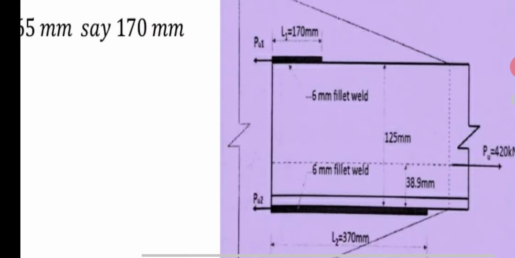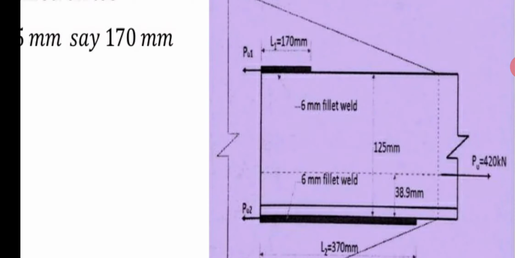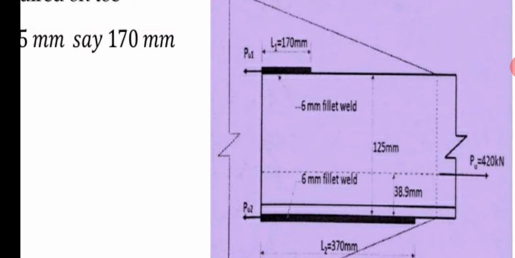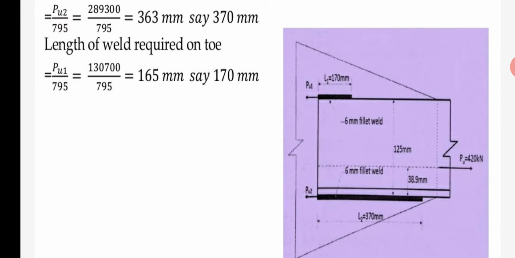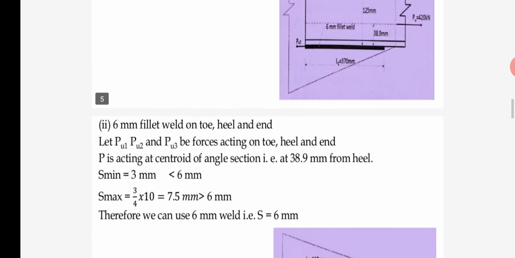So in our first case we provide 370 mm at the heel and 170 mm at the toe. Also provide end returns if data is given, taken as 2 times S. With this arrangement of welding at toe and heel, it should resist the total P of 420 kilonewton.